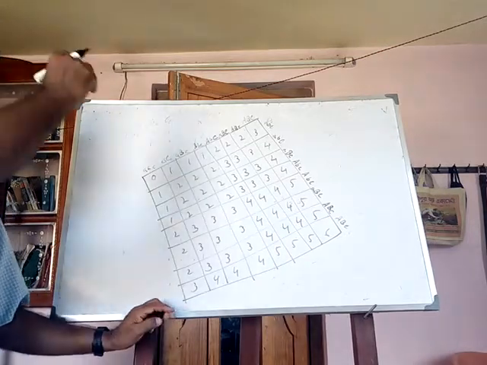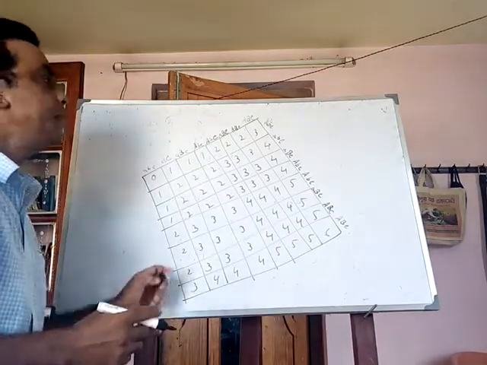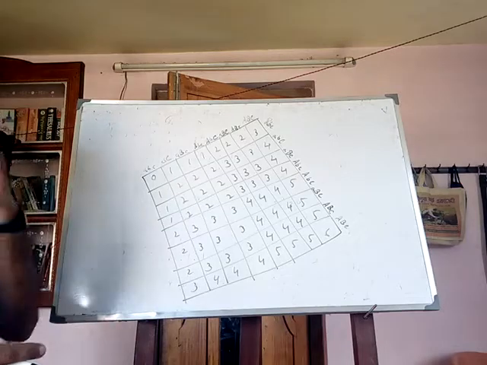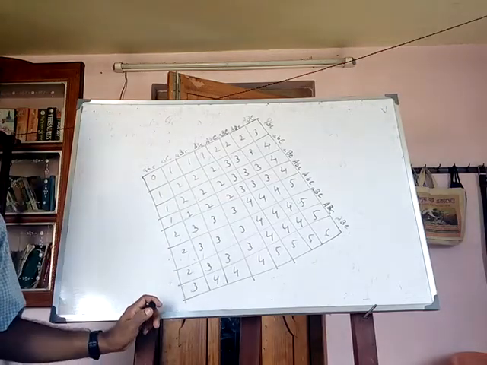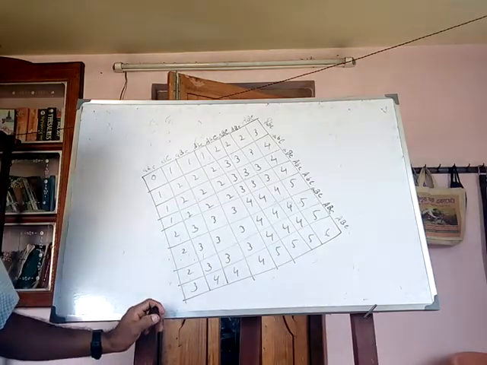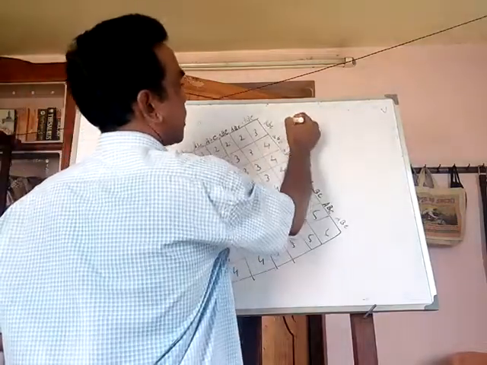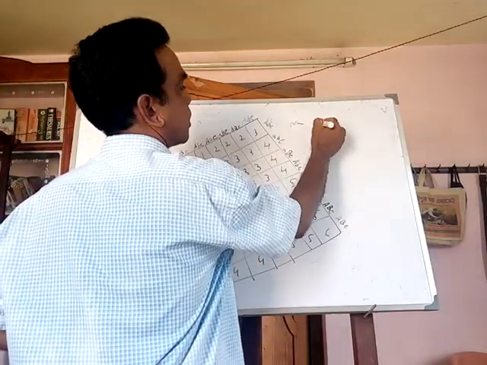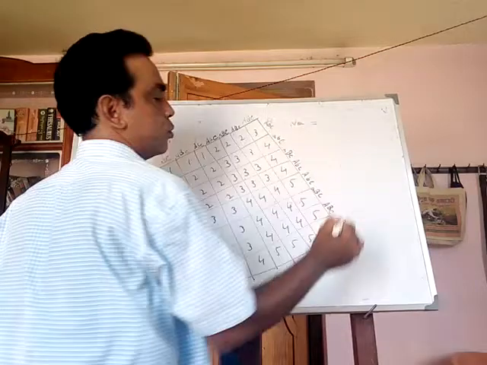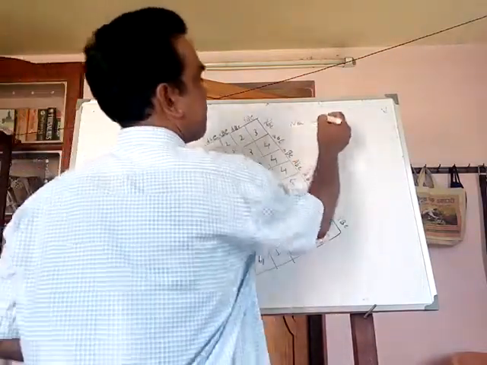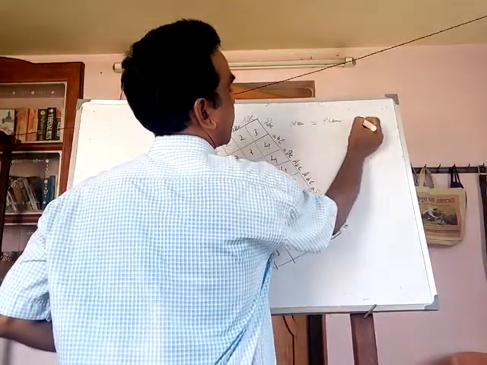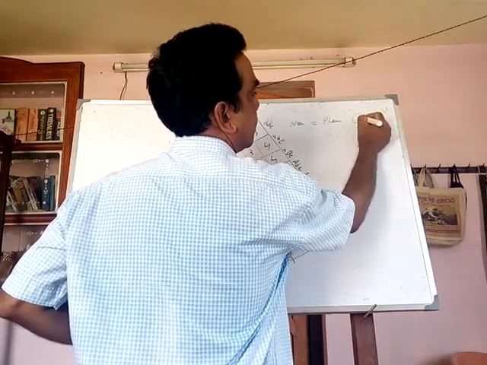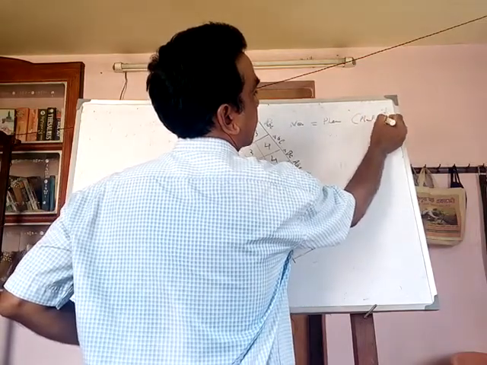Now, Herman Nilsson-Ehle experimented on wheat, the kernel color of wheat. Now the number equals the phenotype, bracket the plant number.